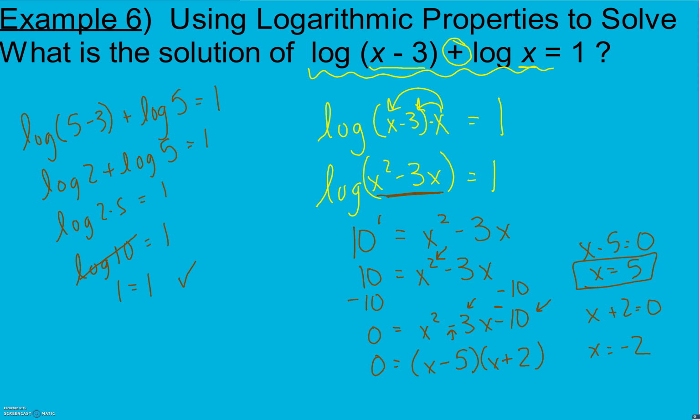When I go to plug in negative 2, however, log of negative 2 minus 3 plus log of negative 2, both of these are a problem. We can't have either one of those because we can't take logs of negative numbers. So negative 2 doesn't work, we just get 5. Check for extraneous solutions there.